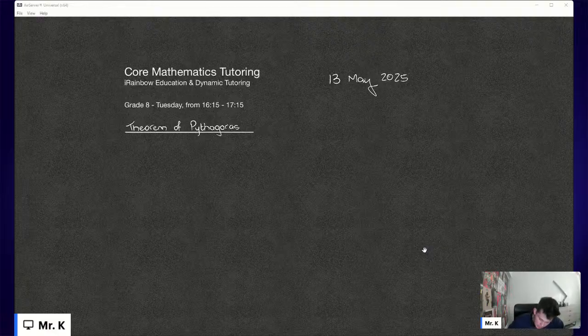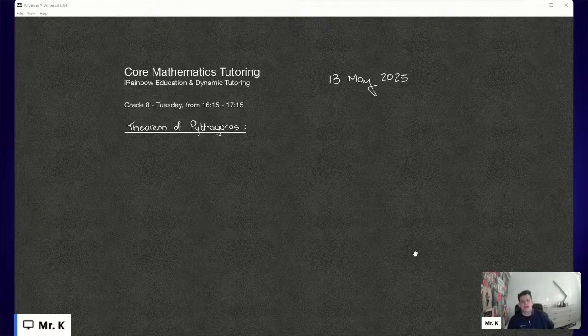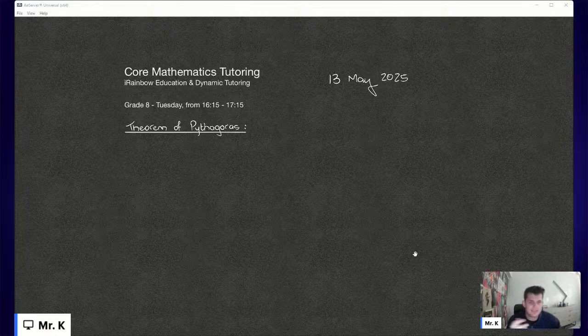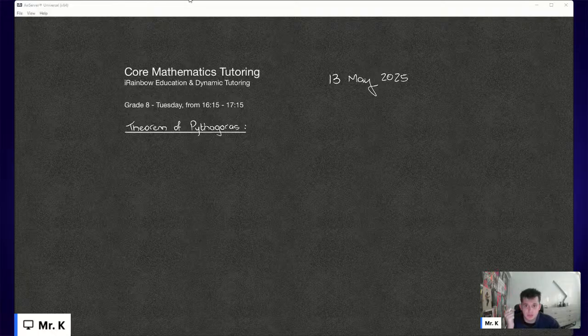Right. So the theorem of Pythagoras, grade 8s. Let's quickly take a second to zoom out and understand what this is in the context of the rest of the work that we are trying to learn this year, right? This is quite a specific topic. It's quite niche, but it's pretty much one of those topics that belongs to the foundations of geometry.